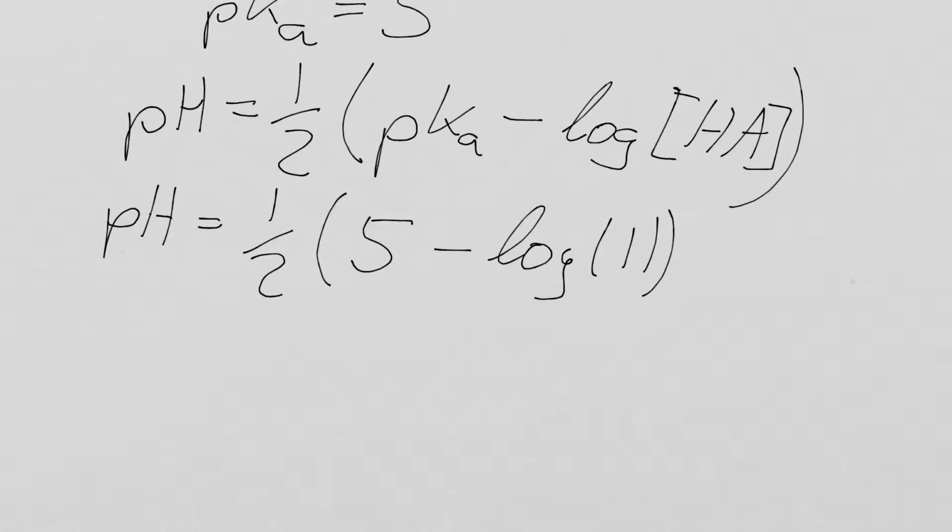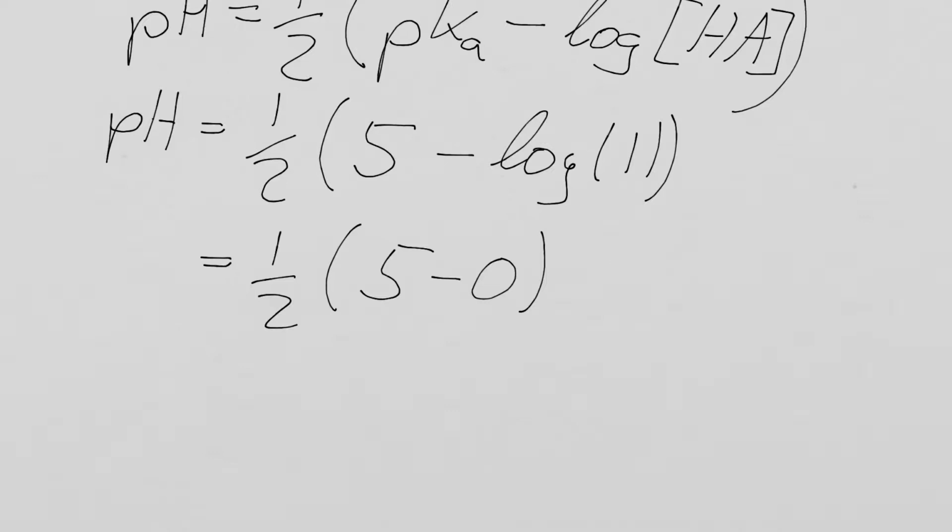So we have 1/2 of 5 minus 0, and that gives us 2.5. Okay, happy with that? So the pH of this weak acid is 2.5.